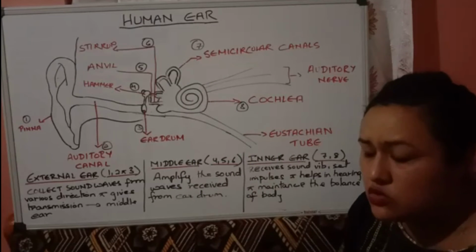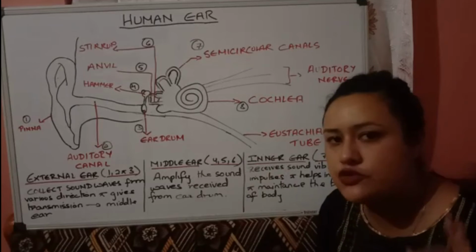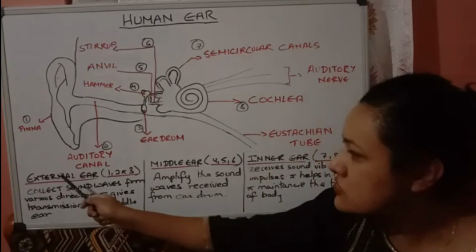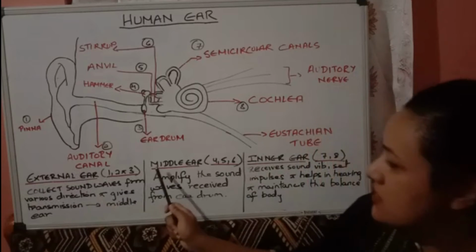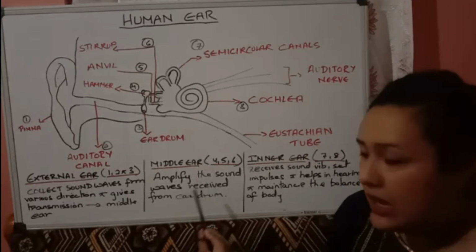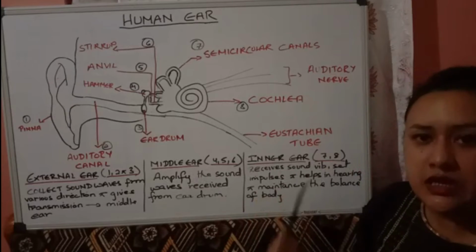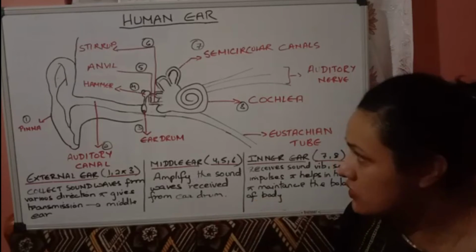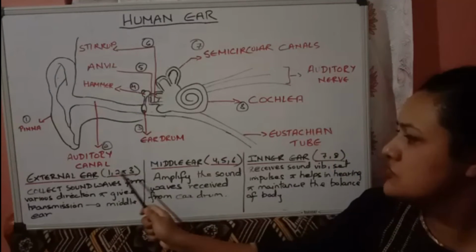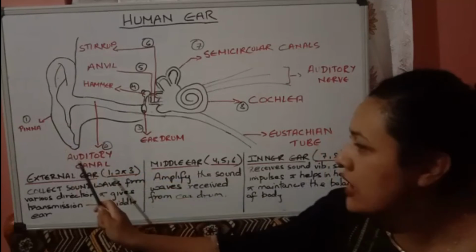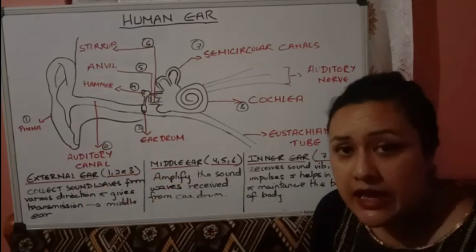So you should know that our human ear is divided into 3 parts: the external or outer ear, the middle ear, and the internal or inner ear. You should know the function also. Here I've marked it 1, 2, 3. Pinna and auditory canal make up the external ear.